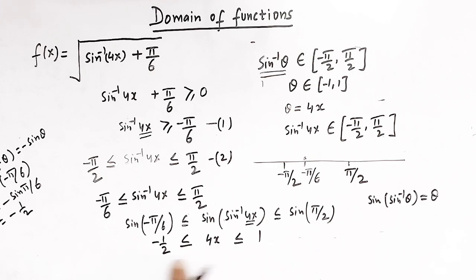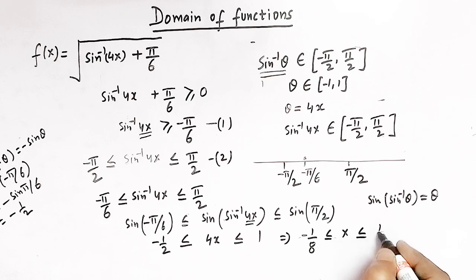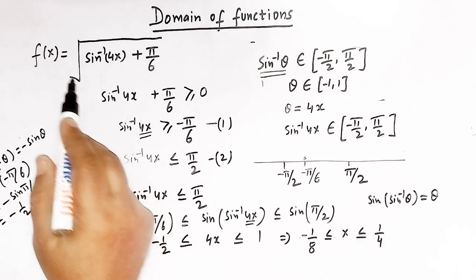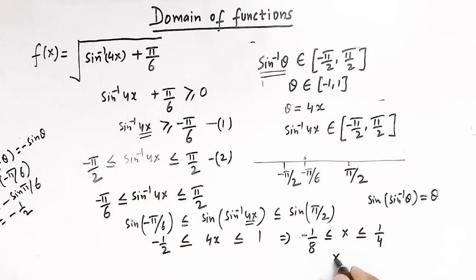So now dividing throughout by 4, we can now write minus 1 over 8, since 4 times 2 is 8, and here 4 and 4 get cancelled, so we have 1 over 4. So the values of x for which this function is defined are given by this interval, that is from minus 1 over 8 to 1 over 4.